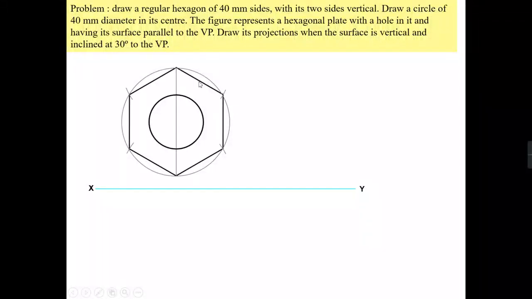If you calculate it from 2n minus 4 into 90 degree, it comes out to be 120 degree. After drawing the hexagon and circle, I can draw the top view of this diagram. So it will be a straight line.